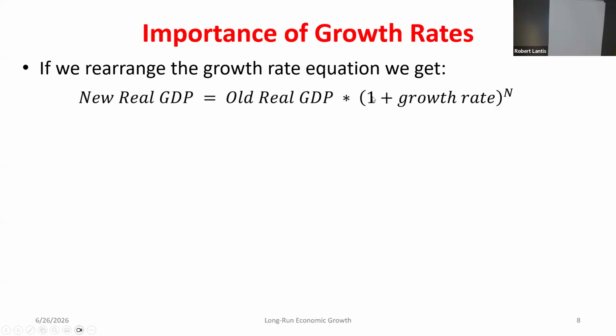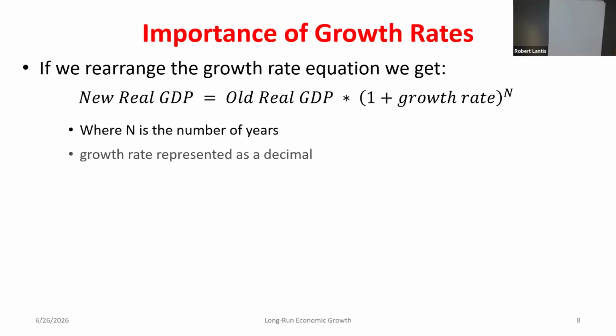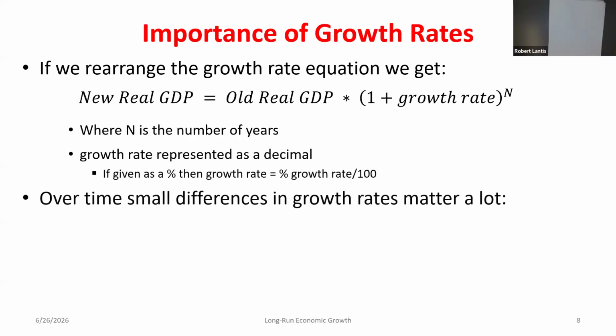My new GDP will be the old GDP times 1 plus the growth rate, but if that growth rate remains constant for 20 years, it's going to be getting multiplied by 1 plus the growth rate times 1 plus the growth rate, year after year after year. This would be the equation that we could use to make predictions for any number of years. N is the number of years out we want to make this prediction for. Or if we have an actual growth rate, it's how much our GDP becomes in 20 years. Once again, we're using the growth rate as a decimal. If we had a percentage, we would simply convert it to a decimal by dividing by 100.